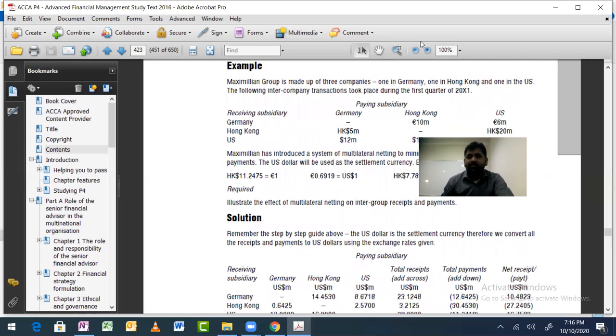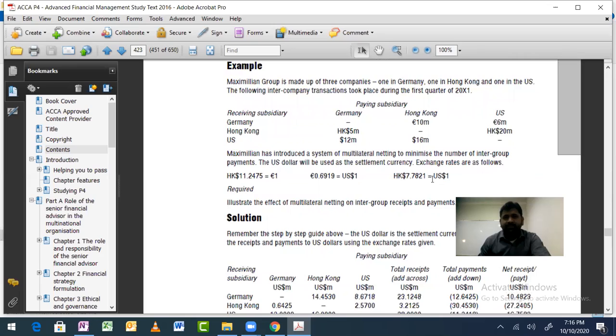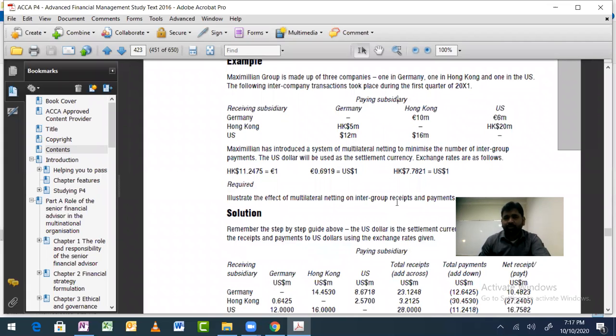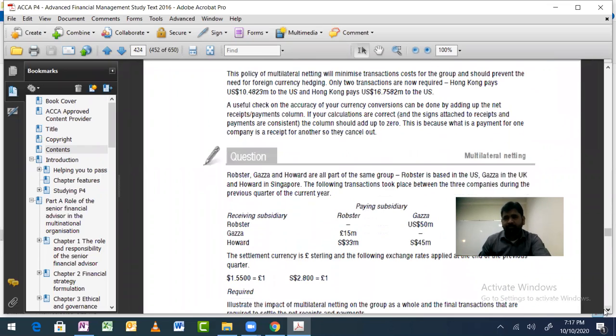I think this was the same example or something else. I think this is a little bit different. Different rates are given. Same story, paying subsidiary, receiving subsidiary, and all you need to do is a total, though we did the total in a little bit different way. Our table was a little bit different than this table.